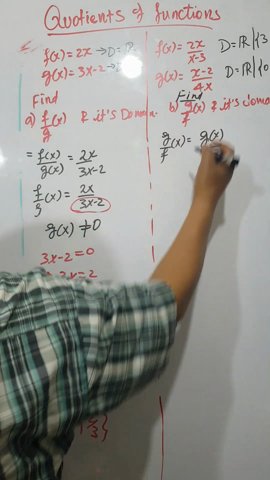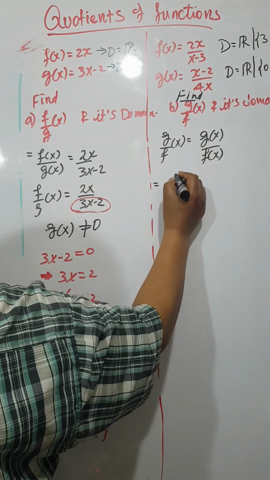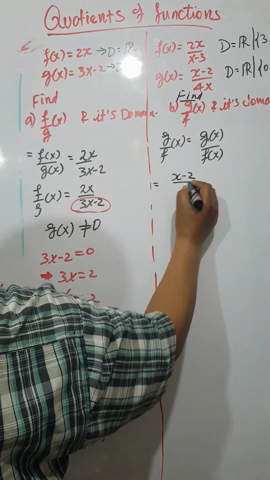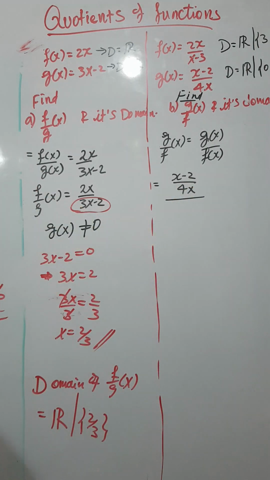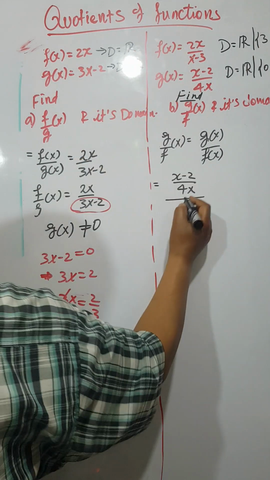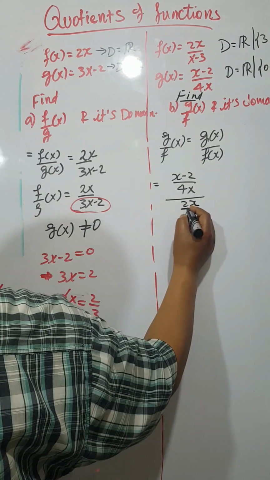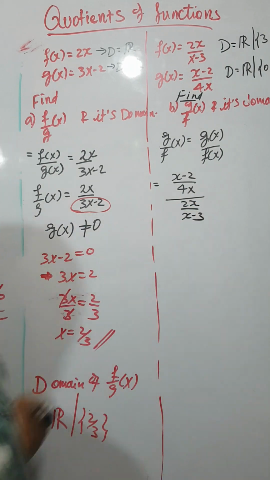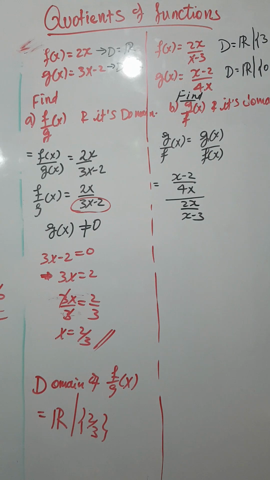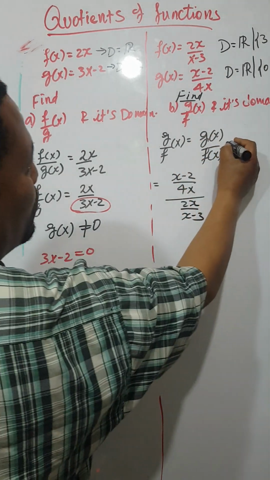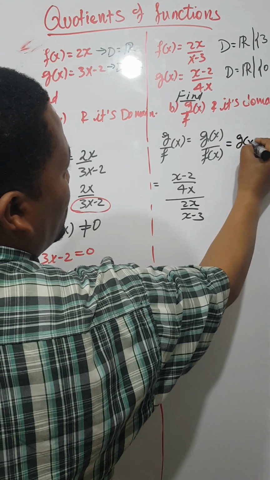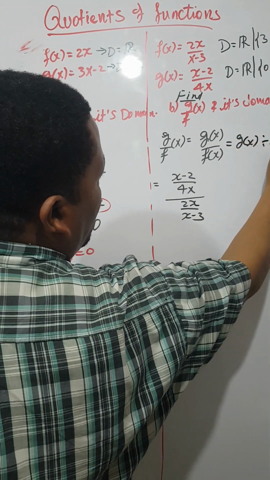g of x is x minus 2 divided by 4x, again divided by f of x, which is 2x over x minus 3. When two numbers are placed one over the other like this, it means g of x divided by f of x.